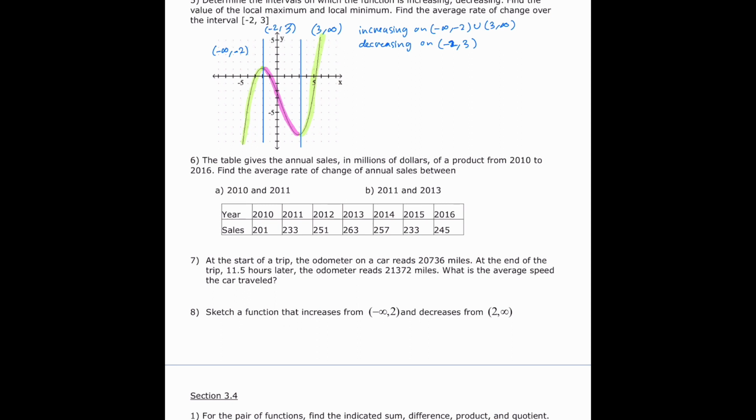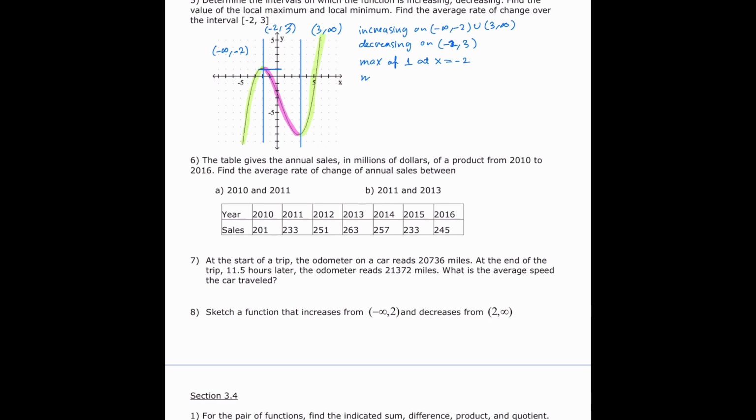Then we're going to find the local maximum and minimum. The function has a maximum, the maximum point here, the local maximum is 1, and it happens at x is equal to -2.